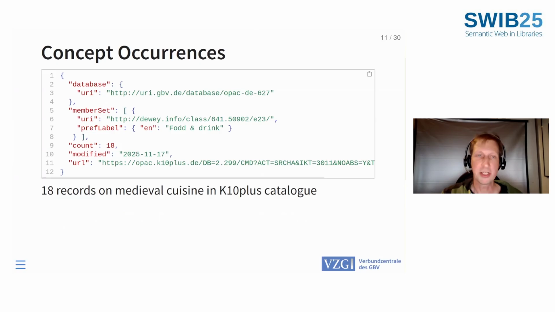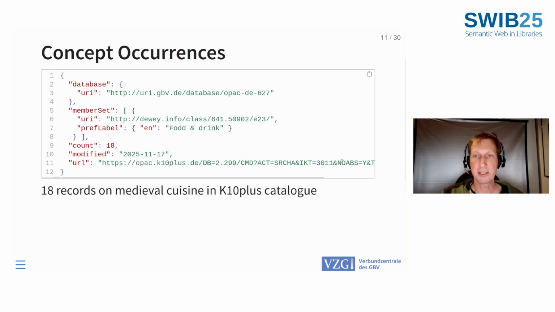Another feature of this format is concept occurrences. So this is the information. Here we have information about a database with an identifier, and again this member set field with a set of concepts, and in this case, it's just one concept. So this is the information in this database. There, the DDC class is used for indexing of publications, and we have a count, so a number of 18 publications.